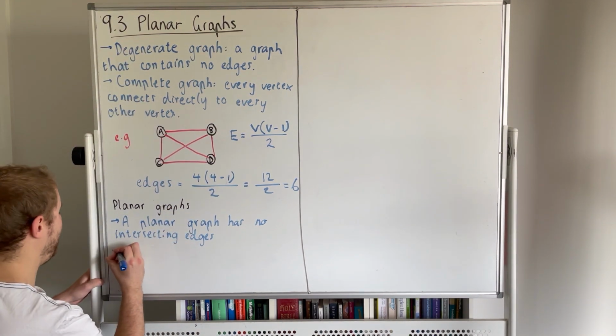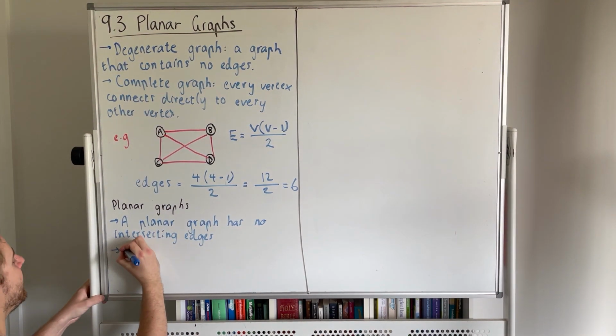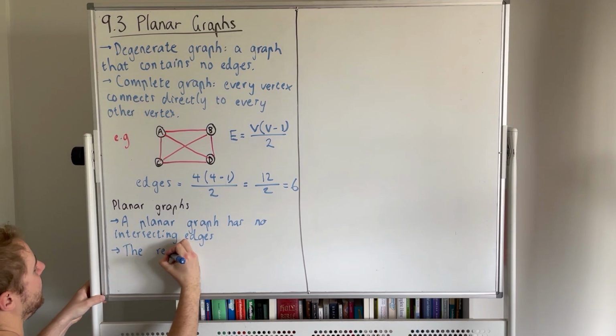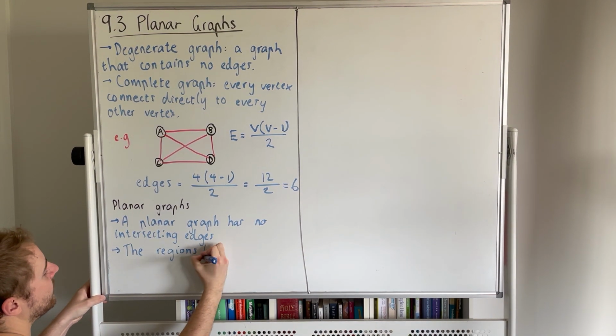So we've looked at vertices and edges. Another thing we need to look at is what's called the regions or the faces.